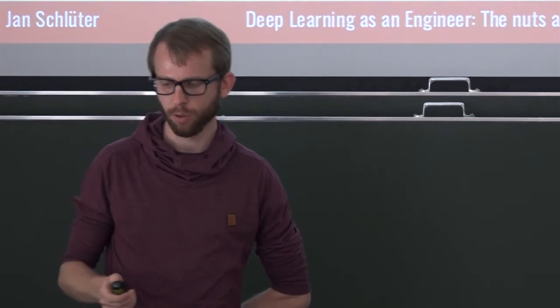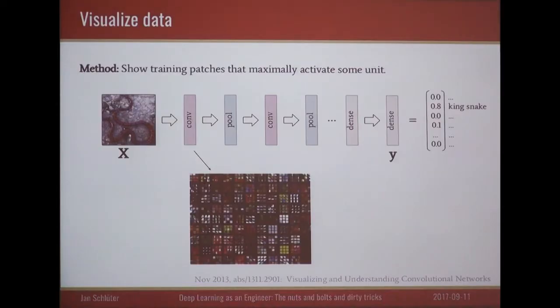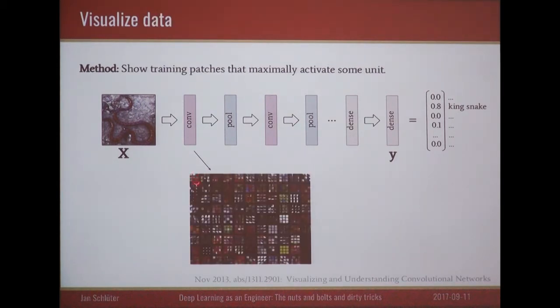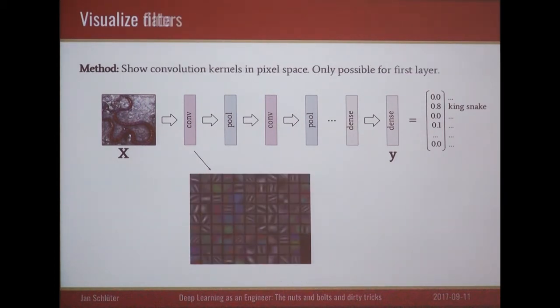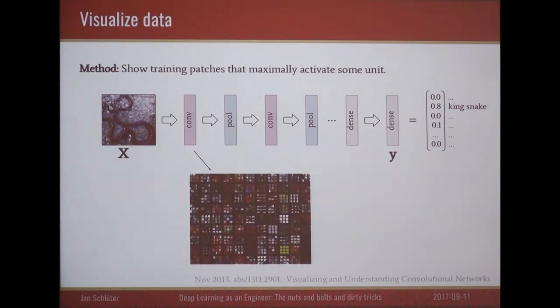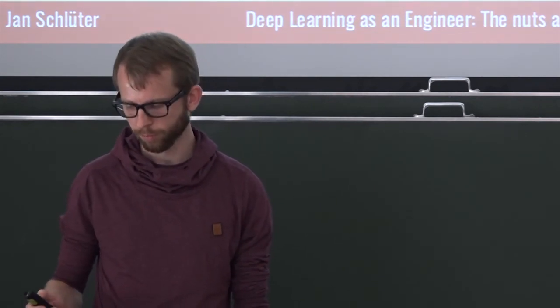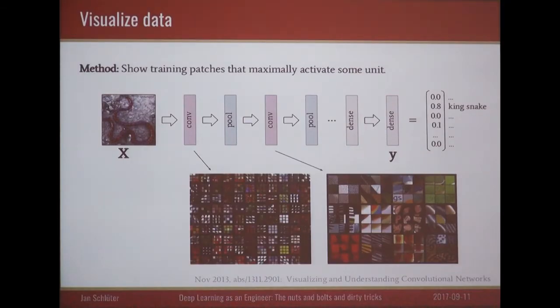Another way is to find training patches that maximally activate a specific unit. So for the unit here, these are some training patches that maximally activate the unit. And we can do the same for all these. So here we have something that detects a particular oriented edge, and you can see this oriented edge in all the training patches that maximally activate the unit. And we can do this not only for the first layer, but for all the later layers as well.